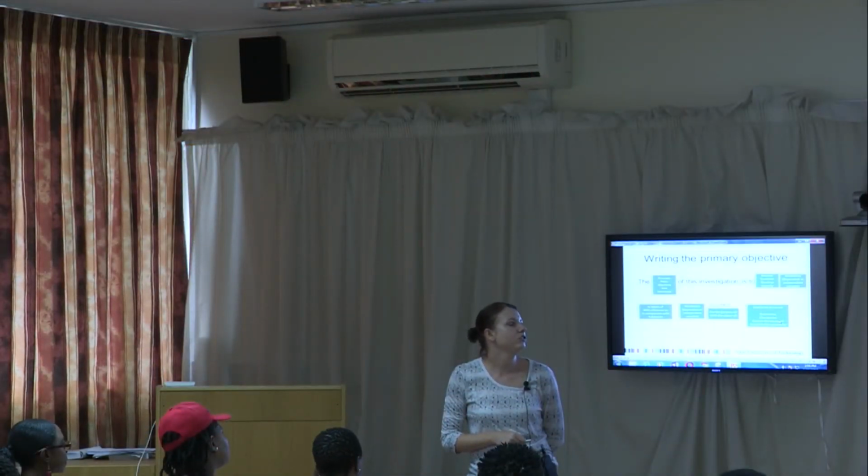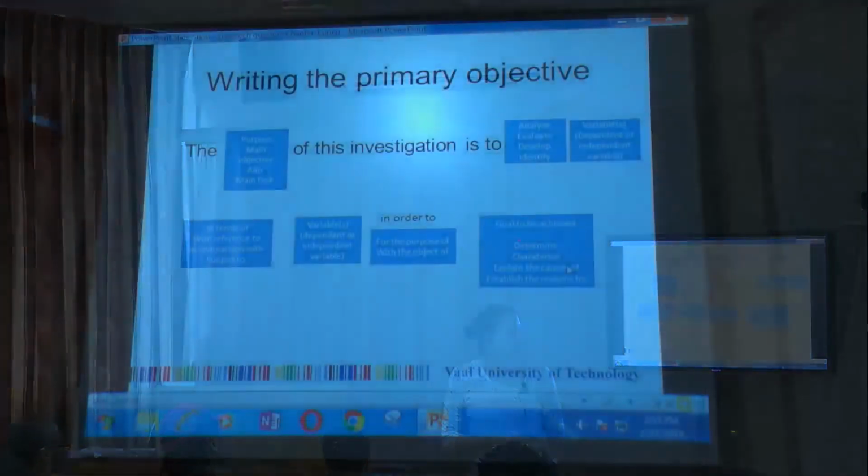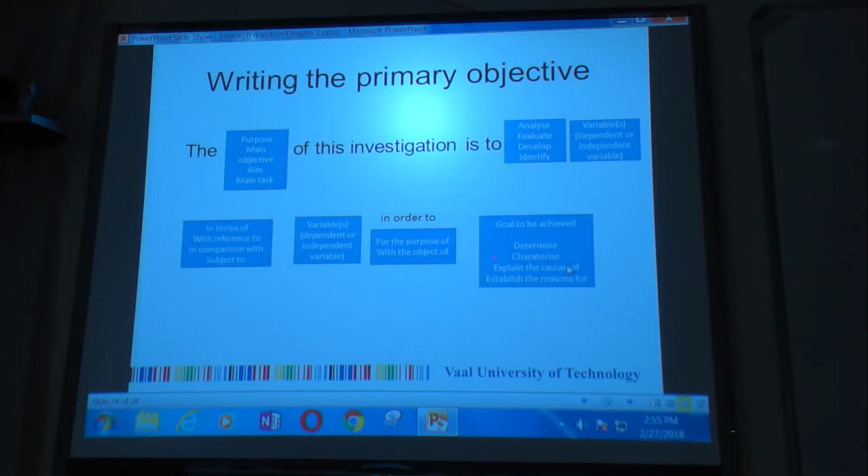In order to do what? To gain a competitive advantage, the goal to be achieved. So you can take this diagram and fill in your own information in that diagram. Look at your title and complete the diagram, and then you have a primary objective.